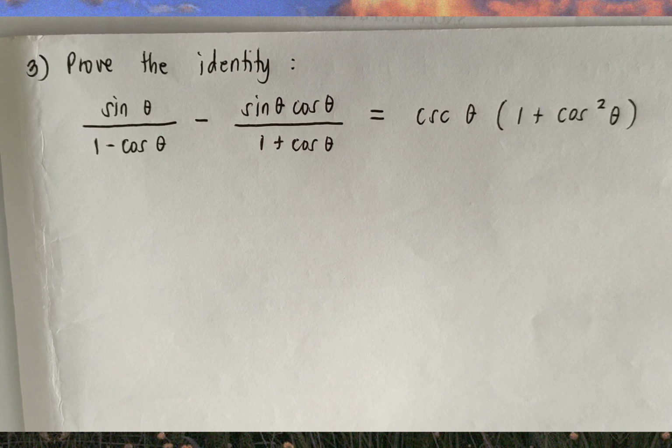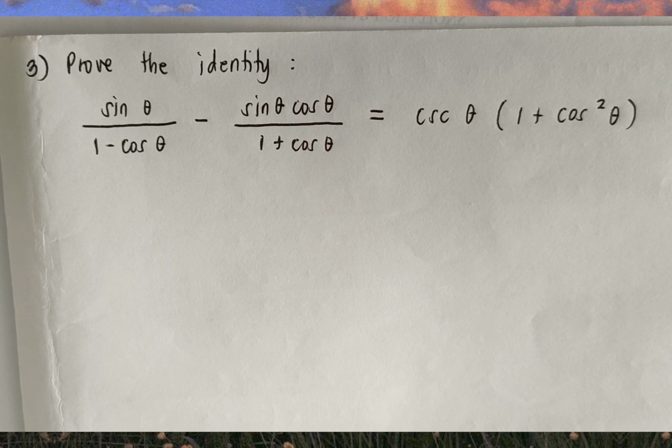Number 2, transform and simplify both sides of the equation and end up, after a series of algebraic steps, with the same form on both sides. Number 3, multiply an appropriate expression to both the numerator and denominator of one side to come up, after a series of algebraic steps, with the other side.